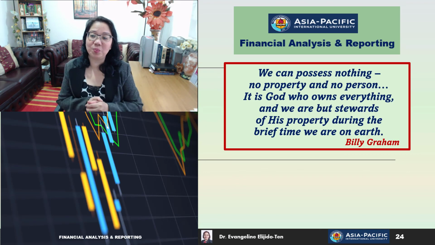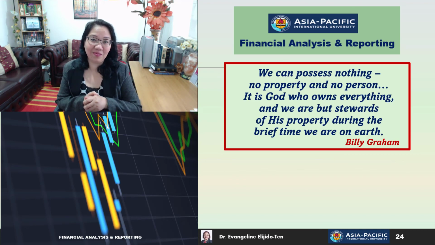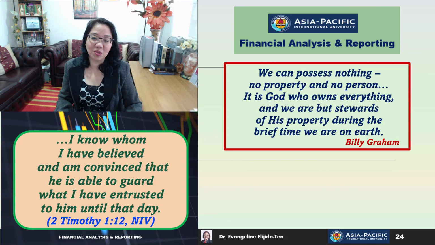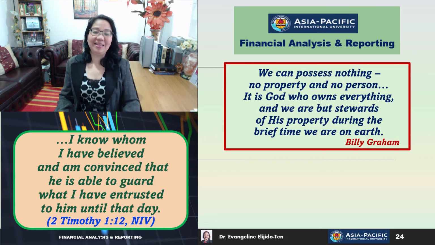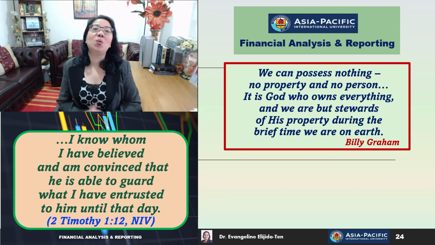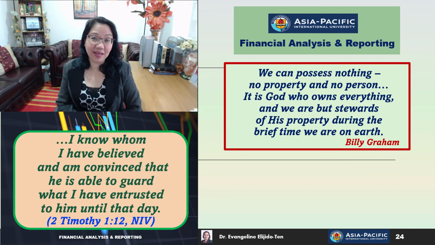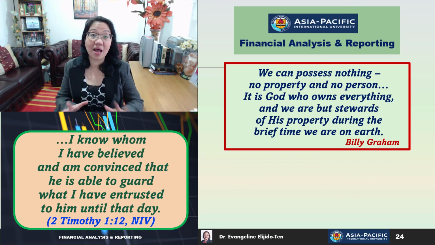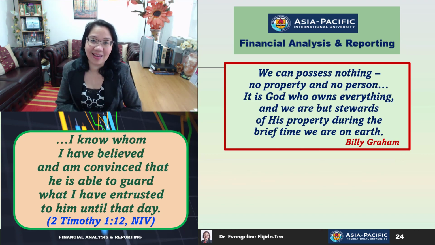This quote puts everything into perspective, that God is the owner of everything, and him only should we trust. As the Apostle Paul said in 2 Timothy chapter 1 verse 12, "I know whom I have believed, and am convinced that he, God, is able to guard what I have entrusted to him until that day."